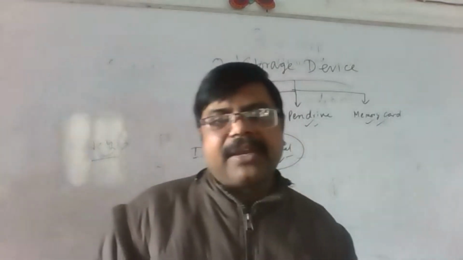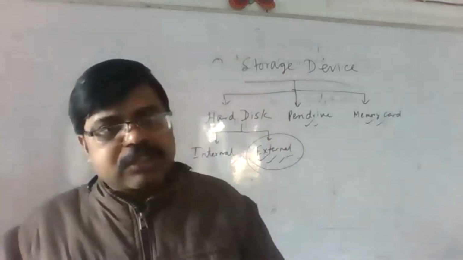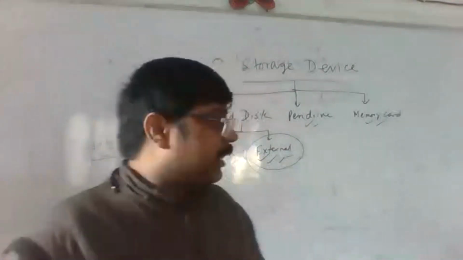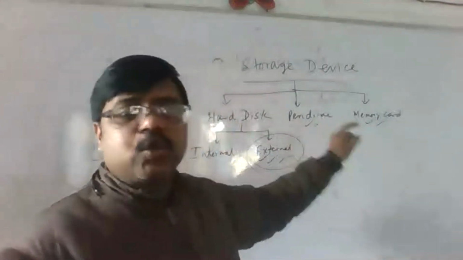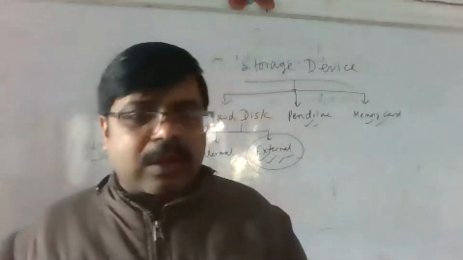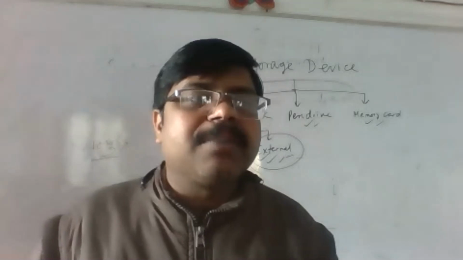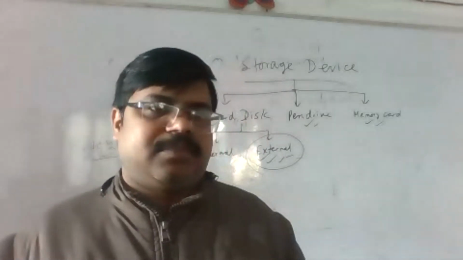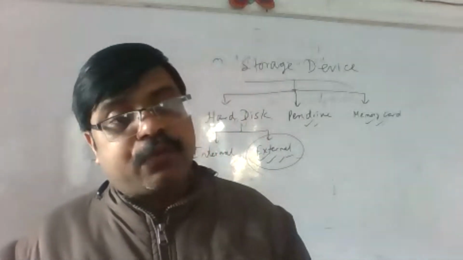Don't go for a pen drive or memory card, because many times I have seen that the data carried through a pen drive from one PC to another PC, the files become shortcuts. In that case you will face problems.